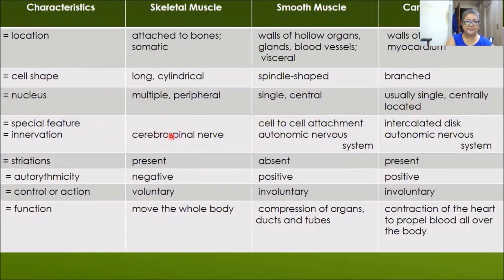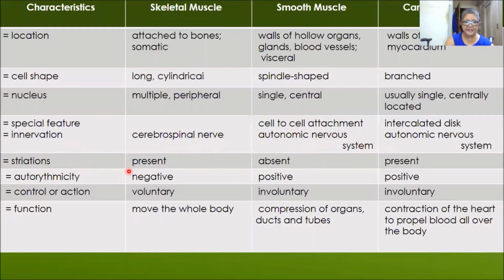There is no special feature for the skeletal muscle, but for the smooth muscle, there is a cell-to-cell attachment. Whereas in the cardiac muscle, there is the presence of intercalated discs. Now, as to innervation, both your smooth muscle and cardiac muscle are innervated by the autonomic nervous system, while your skeletal muscle is innervated by your cerebrospinal nerve.